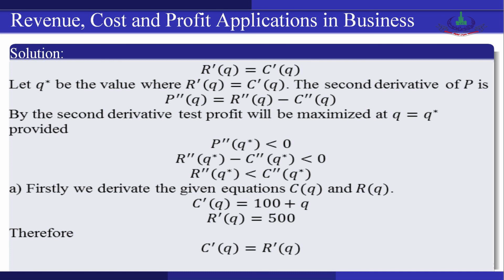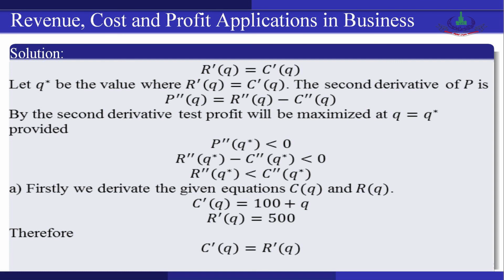That is, R double prime of Q star minus C double prime of Q star must be negative. So taking the second order derivative of C on the other side, we get that R double prime at Q star is less than C double prime at Q star.